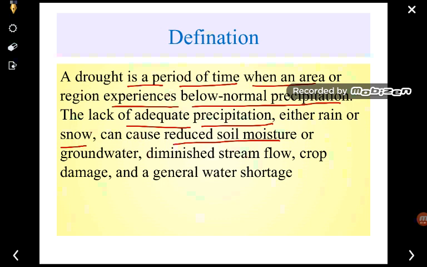That's why we used to say that drought is nothing but dryness of the ground.